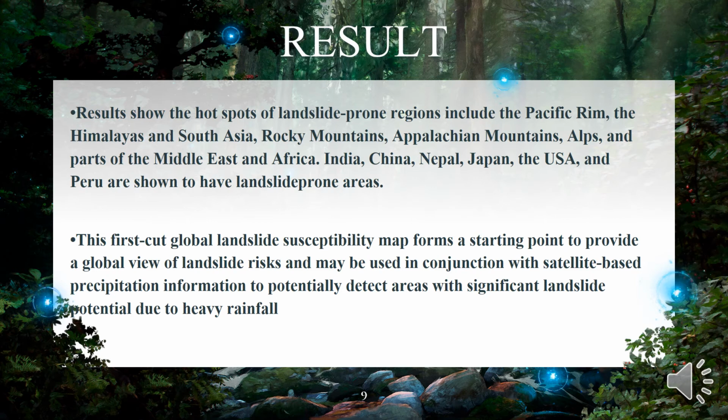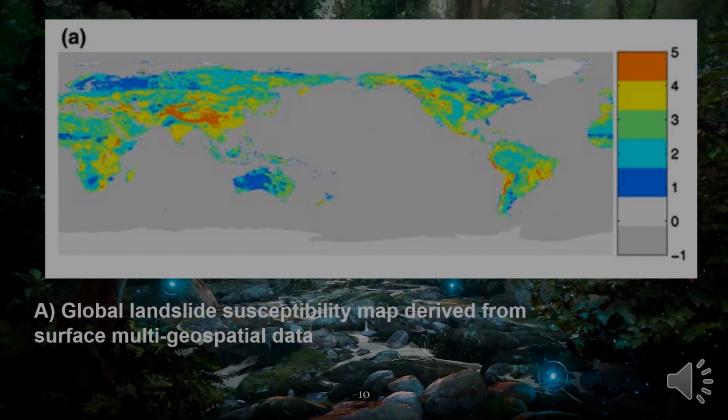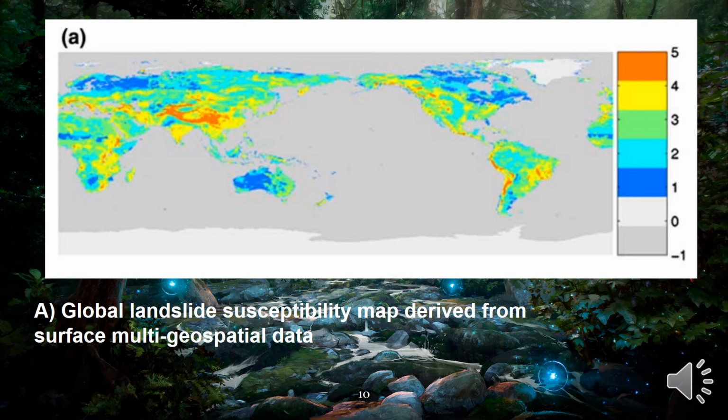This first cut global landslide susceptibility map forms a starting point to provide a global view of landslide risk and may be used in conjunction with satellite-based precipitation information to potentially detect areas with significant landslide potential due to heavy rainfall. A is a global landslide susceptibility map derived from surface multi-geospatial data.